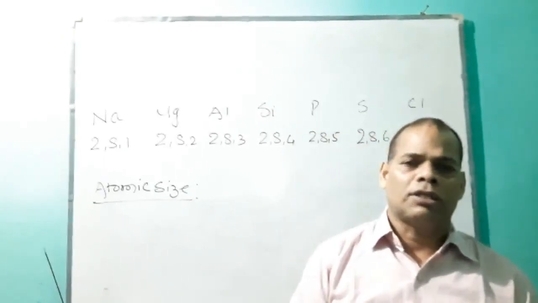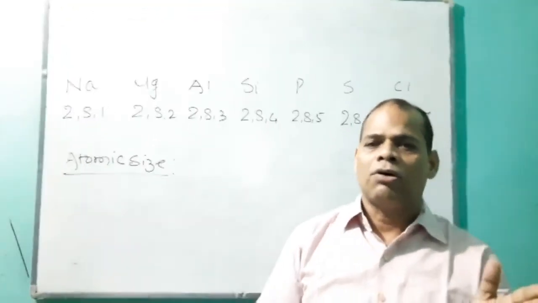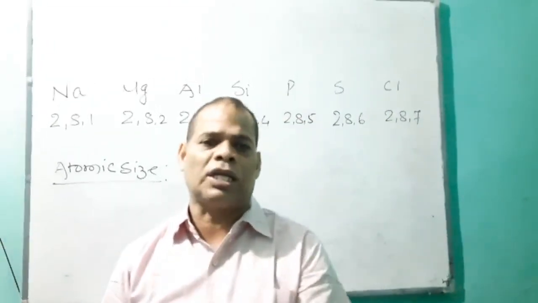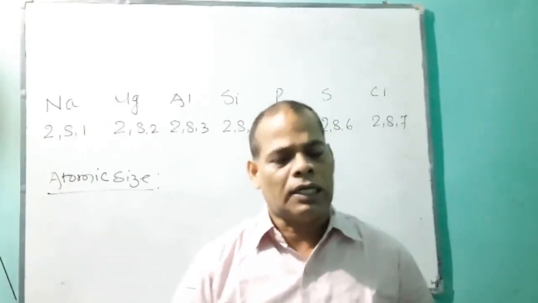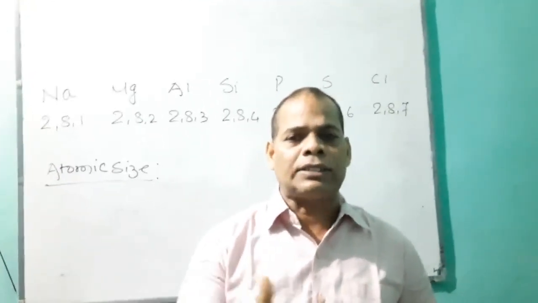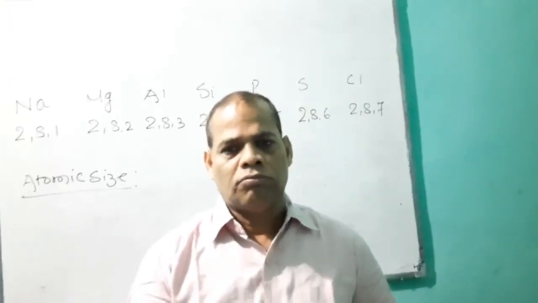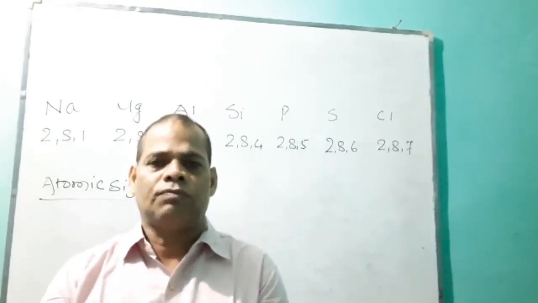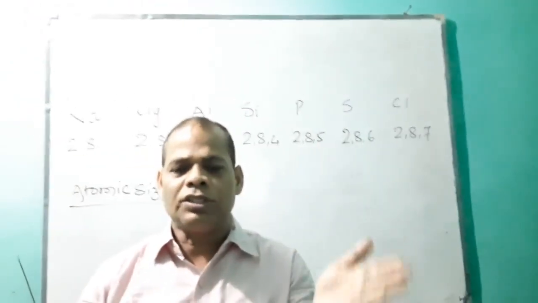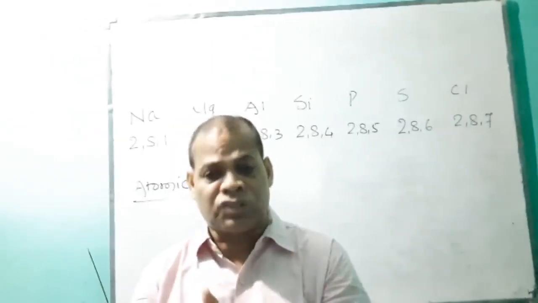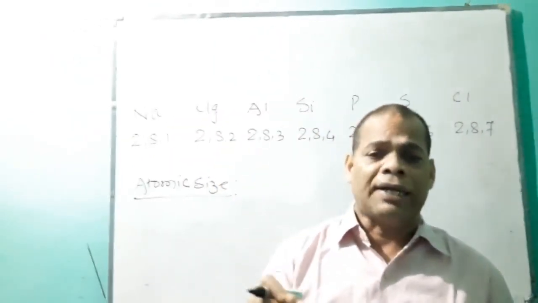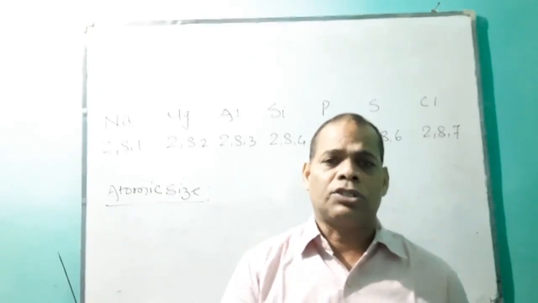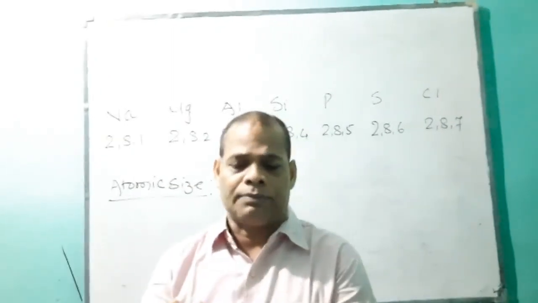The distance between the nucleus to the outermost shell containing an electron in an isolated gaseous atom is called atomic size. What I said, the distance from the nucleus to the outermost shell containing an electron in an isolated gaseous atom is called size of an atom.